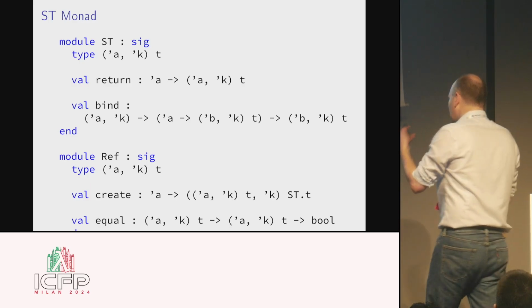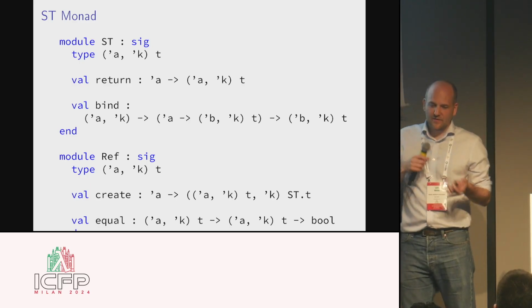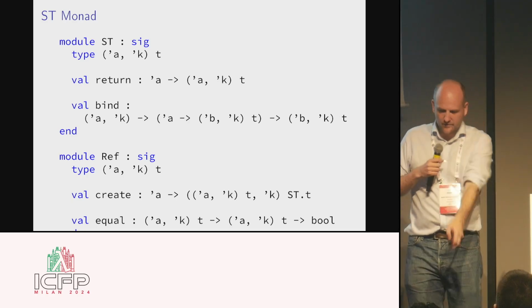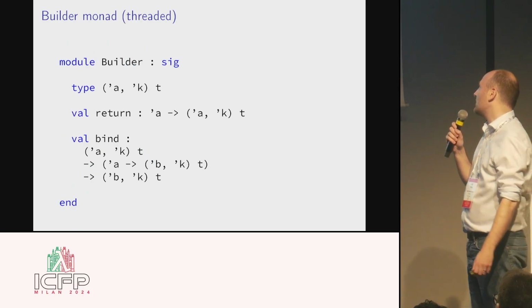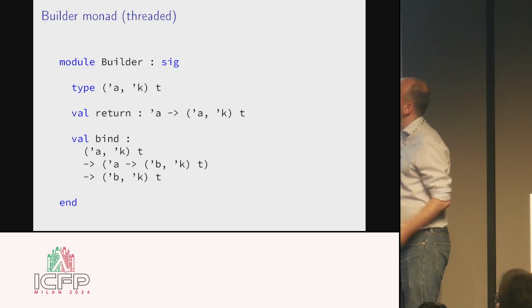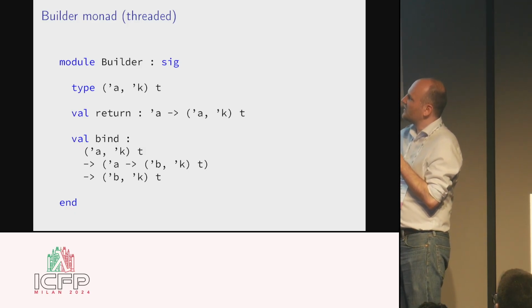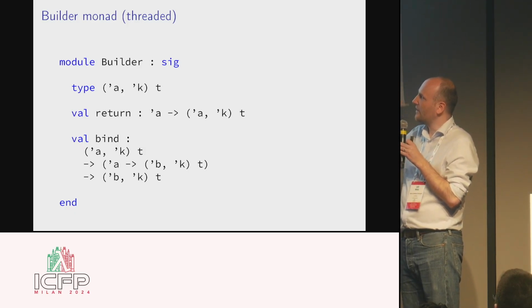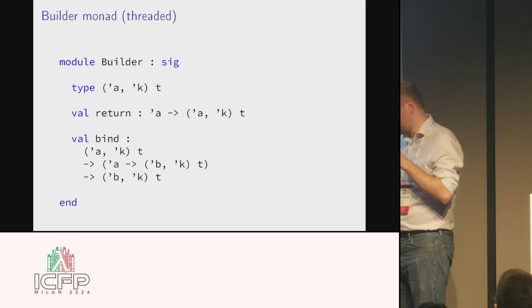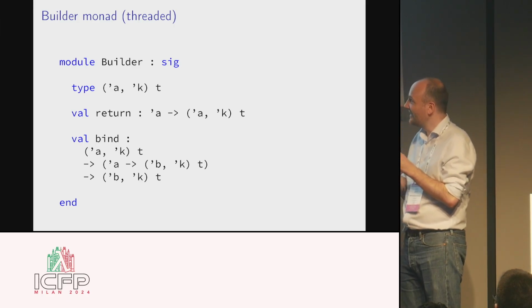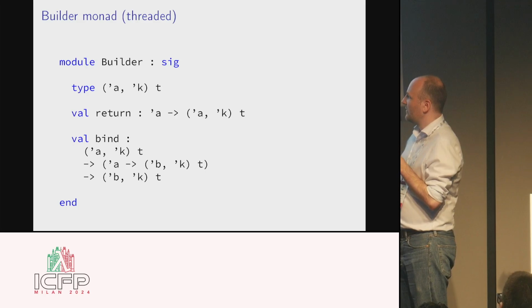So taking this as our inspiration, we can now define a new API for arrows. Here we're going to have a monad that I'm calling the builder monad. It represents a computation returning an alpha whilst manipulating graph nodes in the computation graph K. And again, it forms a monad.